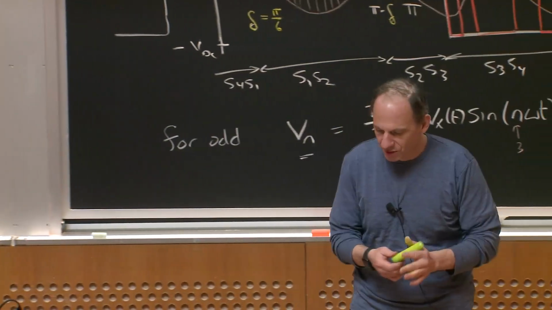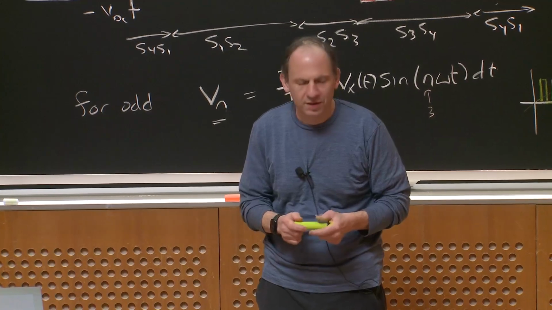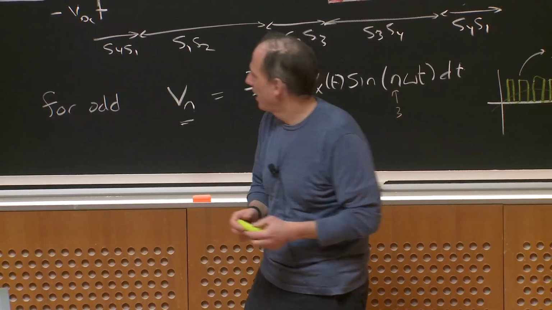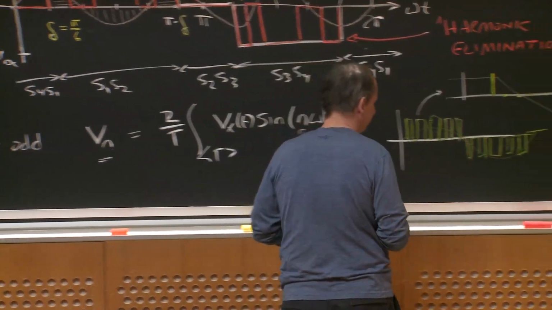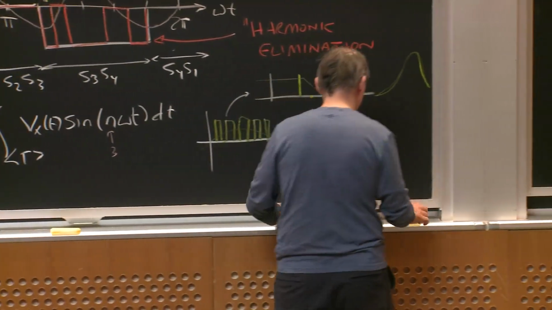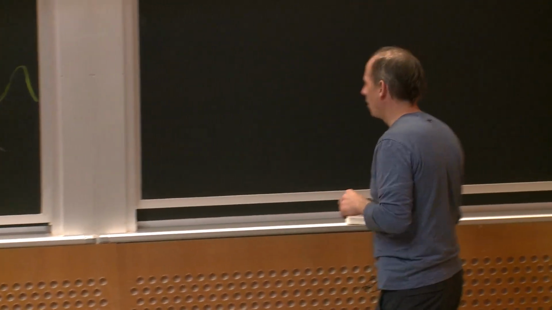Okay, so that's one strategy I can use. What else could I do? And actually, in my original waveform that we showed, we saw a little bit of a hint of this. Here's the idea.